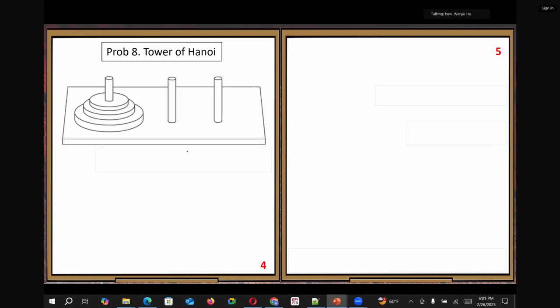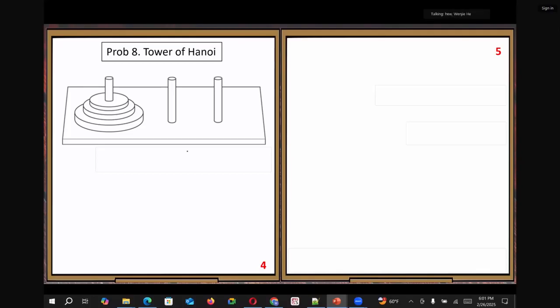The most popular version is the 3-disc version. You have 3 pegs. You need to move the 3 discs of different sizes in a stack, following 3 rules. You have to follow these 3 rules, otherwise it's too easy, right? From one peg to another peg.